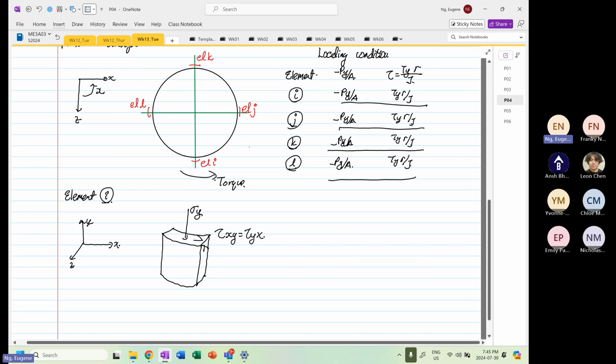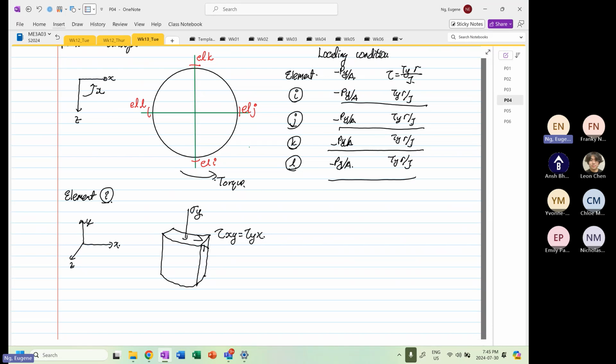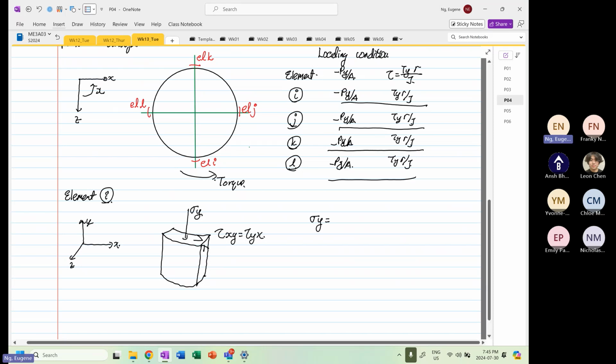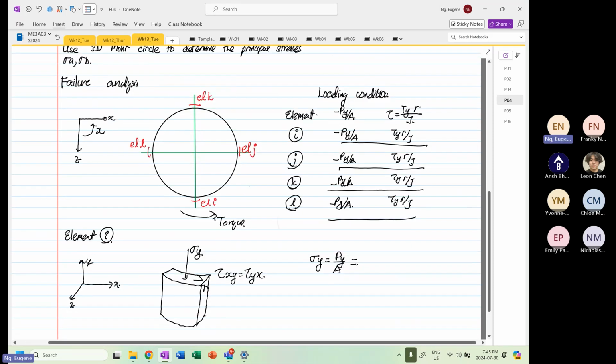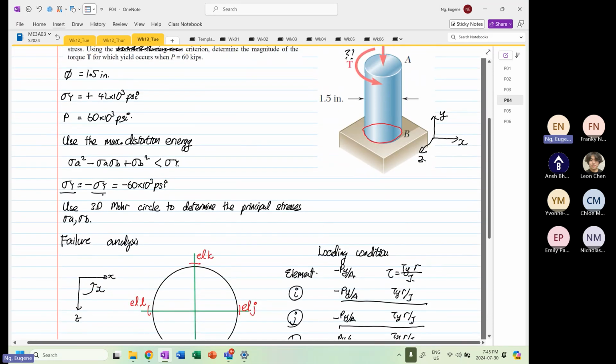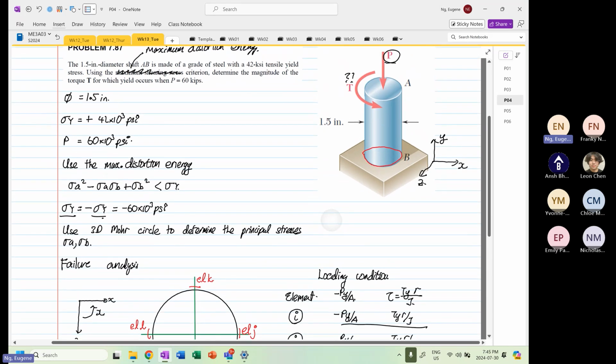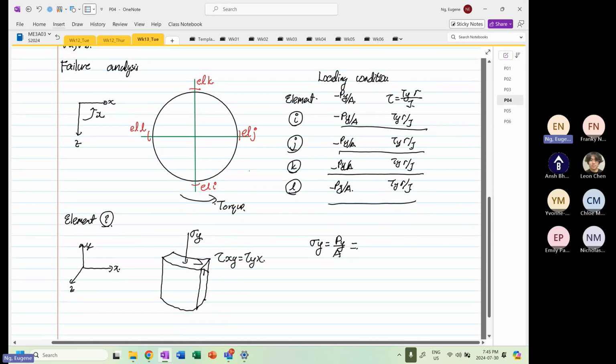From here, we can sketch our Mohr's circle. The only value that we know for now is sigma Y. Let's try to compute stress Y. Stress Y is equal to Py over A. Py is equal to minus 60, because it's under compression.